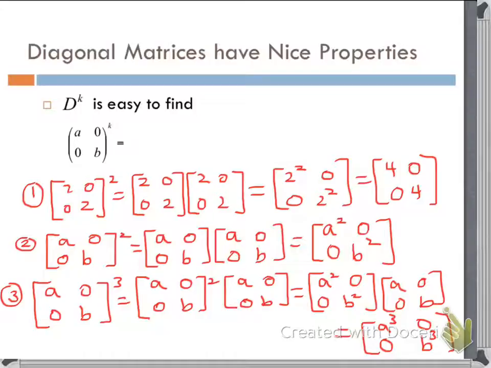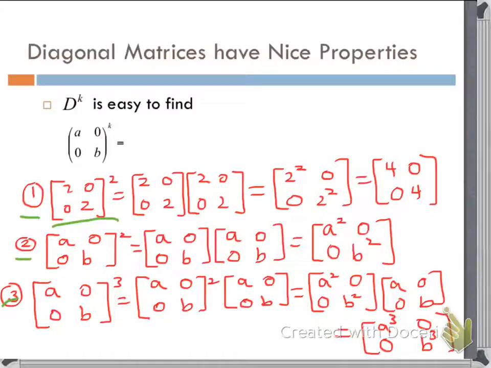We also know that if we have a diagonal matrix and we raise it to some power, it's also nice to compute that. It's easy to find. I gave 3 examples, one with actual numbers.